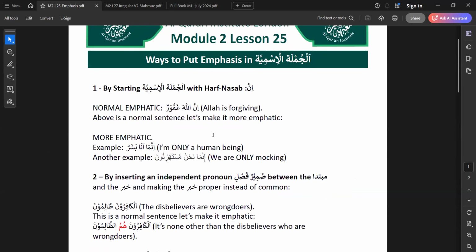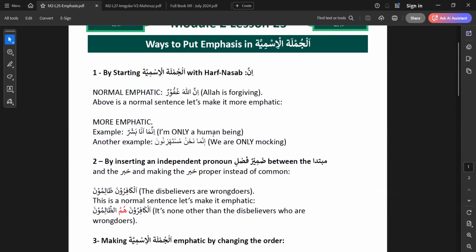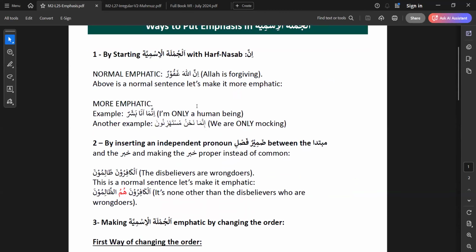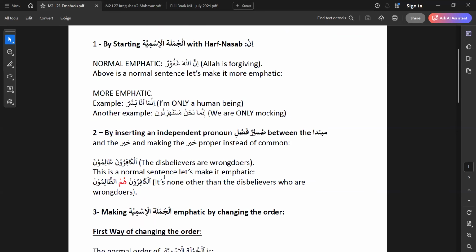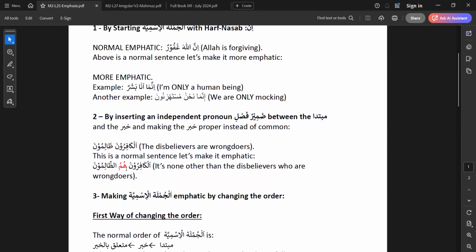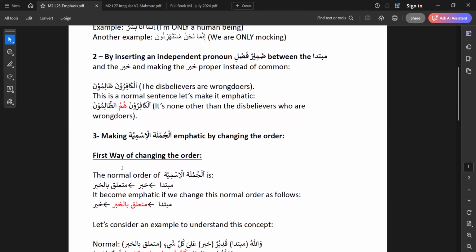So just to recap, we've just seen different ways of adding emphasis in Jumlatul Ismiyah, and most of these we are familiar with. A couple of new ones. The ones you're not familiar with, for example, if you don't remember adding ضمير فصلي, then just make a note of that.